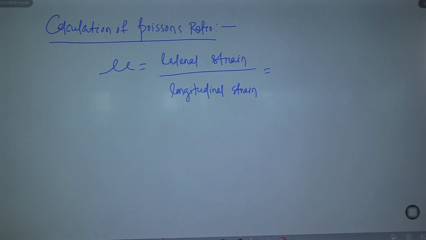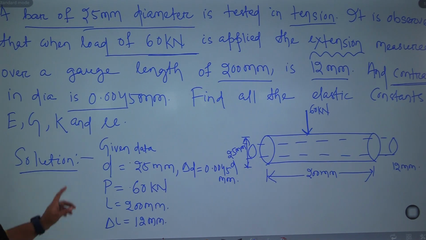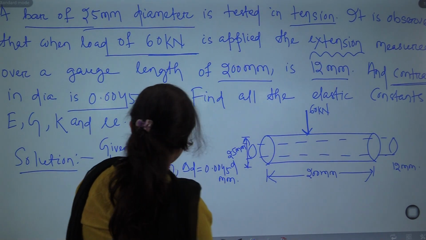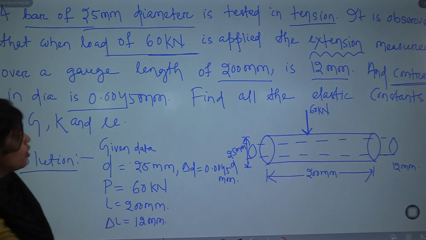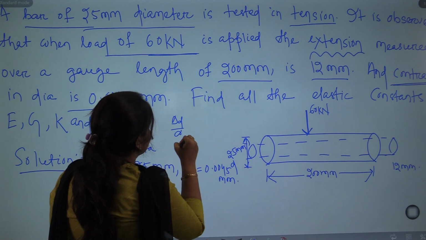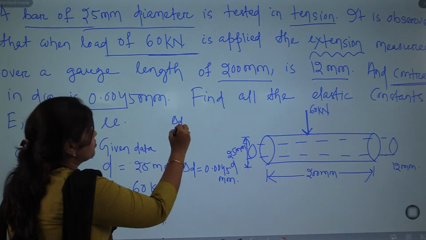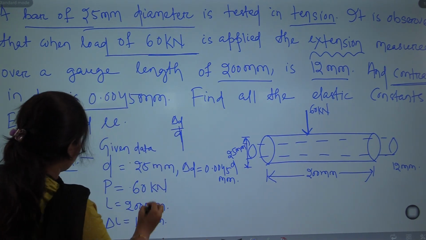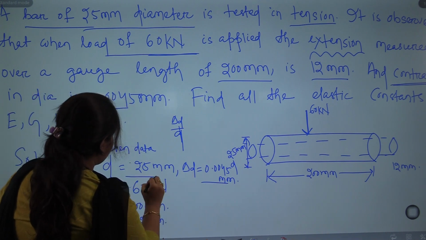So, in this case the lateral strain will be del D upon D. The del D value is given here and the D value is given.